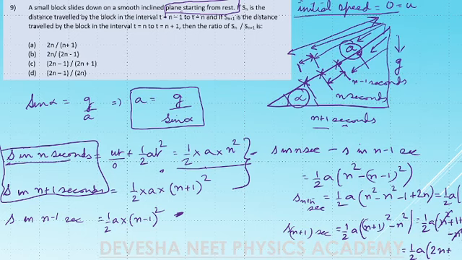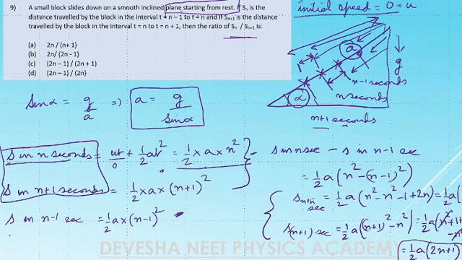So what is given in the problem? We basically need to find the ratio of S n to S n plus 1. So it is basically the ratio of these two.